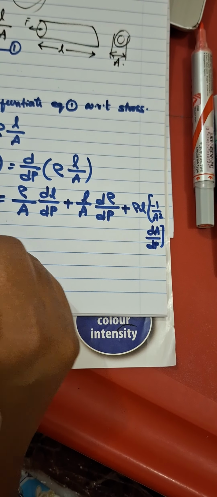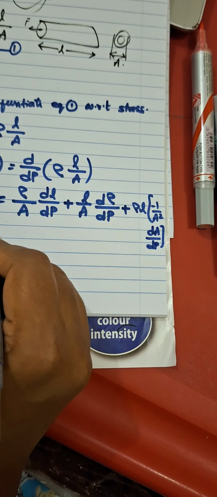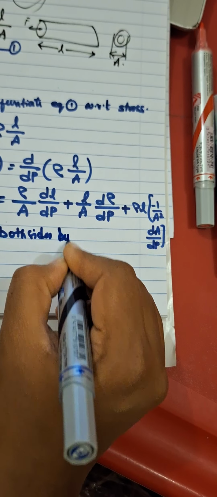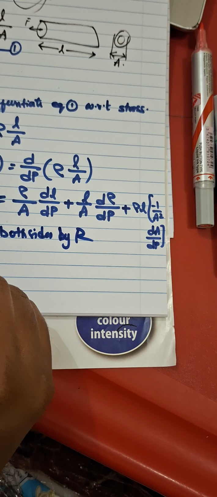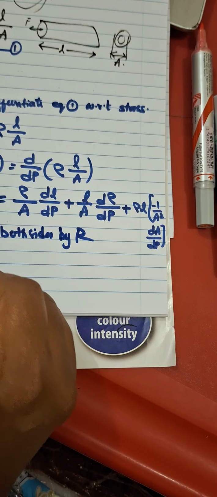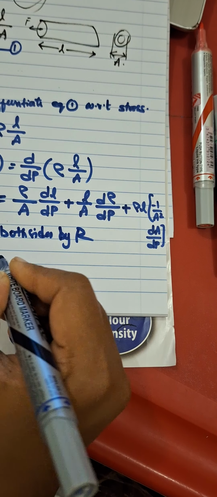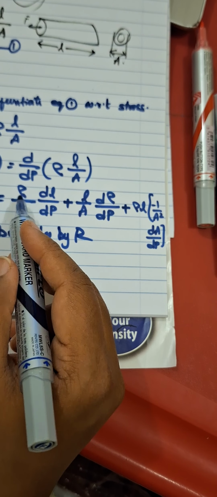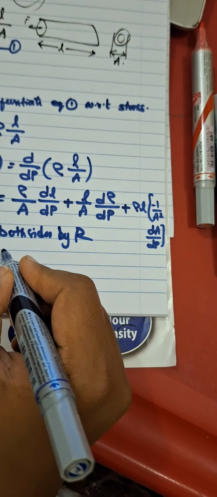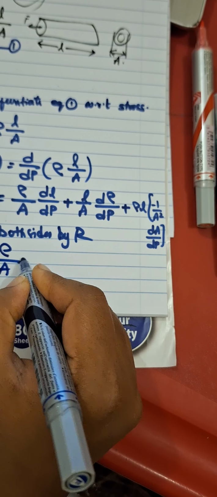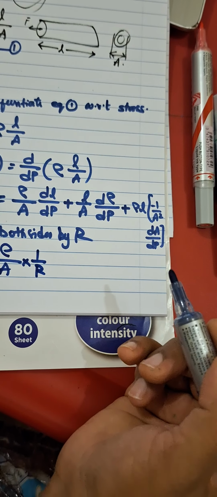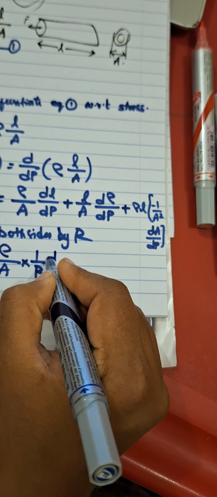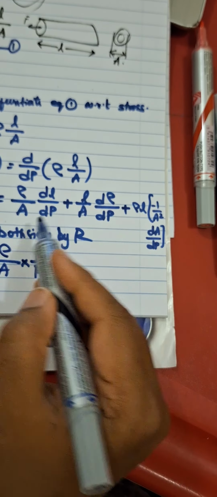Now let us divide both sides by R. Then 1 by R dR by dp equals rho by A into 1 by R into dL by dp. This is the first one.